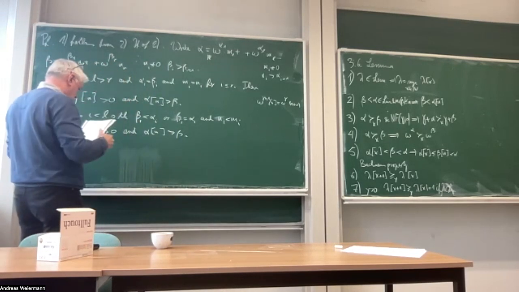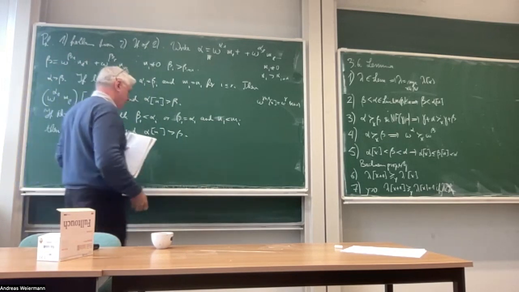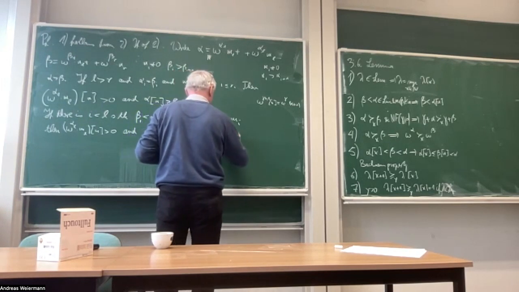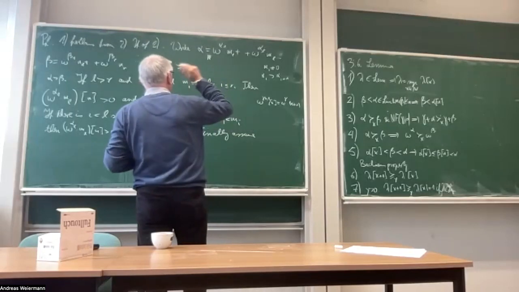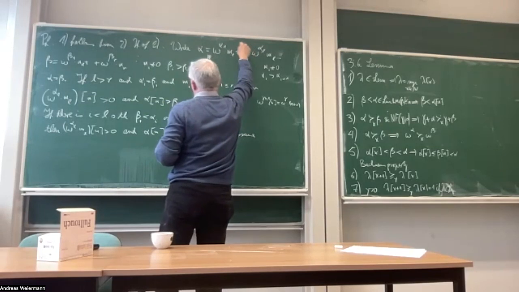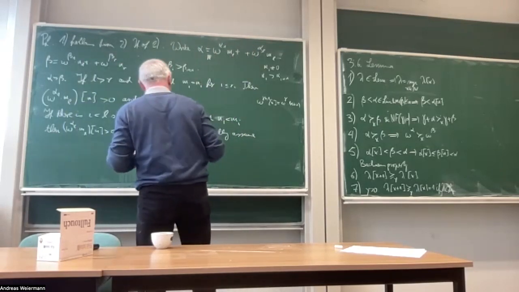So finally, we have a lexicographic comparison of alpha with beta. If the comparison is at the position I smaller than L, we are done.